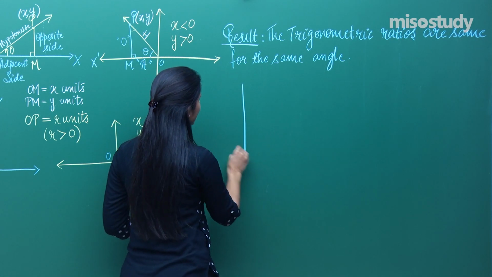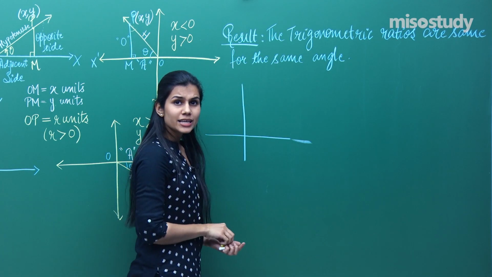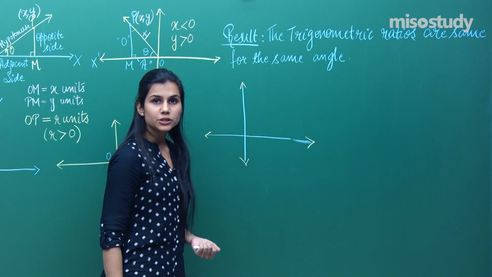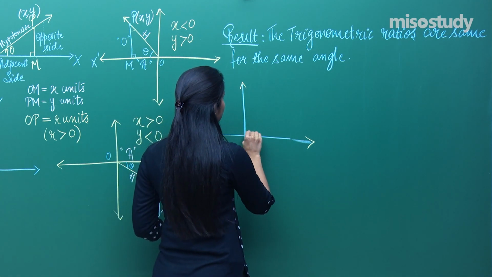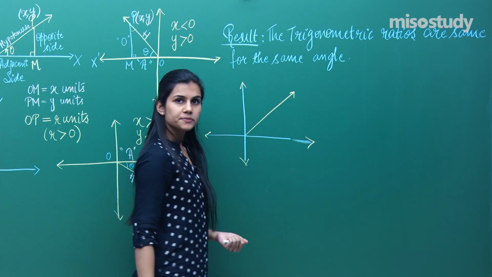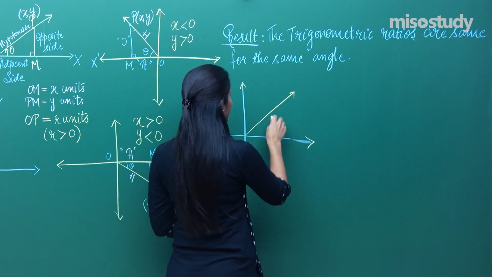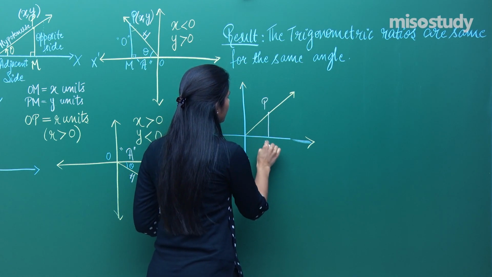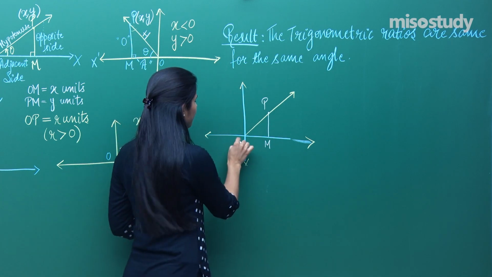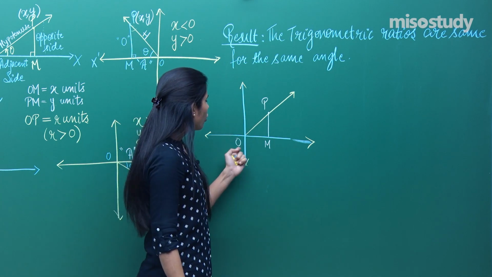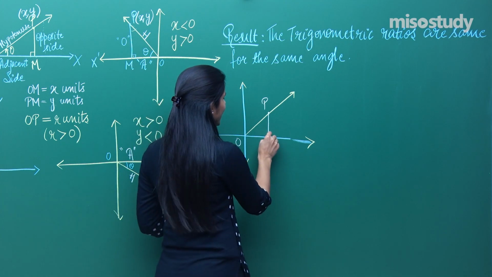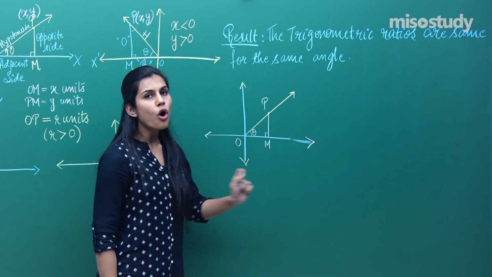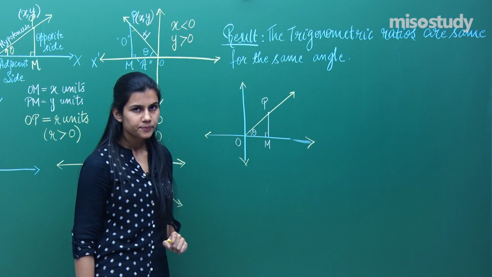What we need to understand is that suppose I take this to be my coordinate plane and this is my terminal ray. Over my terminal ray, I know that I need to choose a point P, drop a perpendicular PM and thereby get the triangle of reference OMP, which is a right angle triangle, and then corresponding to this angle theta, I know all my trigonometric ratios.